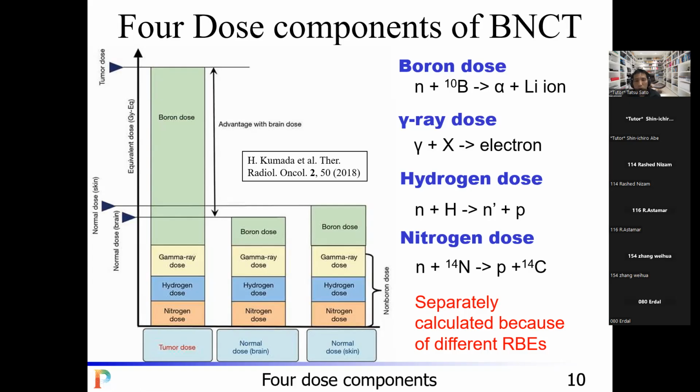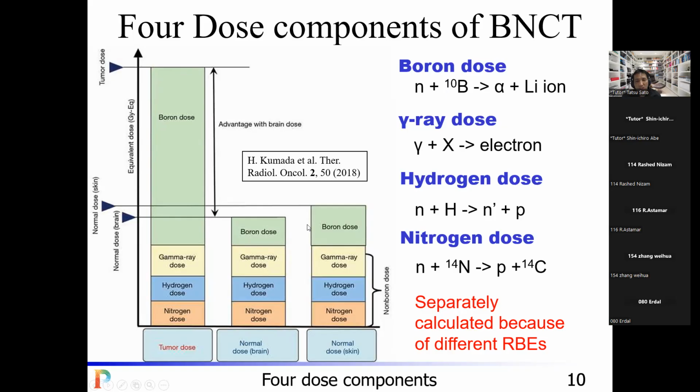In general, a lot of boron is taken into the tumor, so that's why you see a huge boron dose here. And the boron is generally not taken into the brain, so the boron dose in normal brain is quite low.